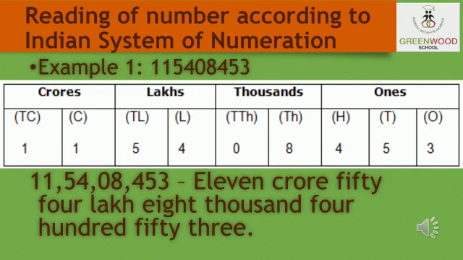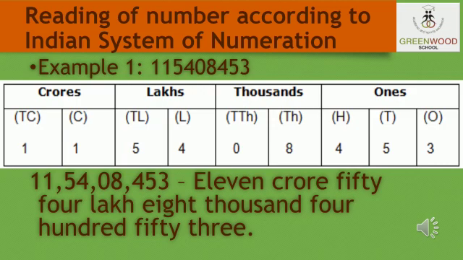Before the comma, what number is written? It is 11. In which period? Crore period. So it is 11 crore. Now the number written is 54. In which period? Lakh period. So it is 54 lakh. Number is 08, means 8 only.